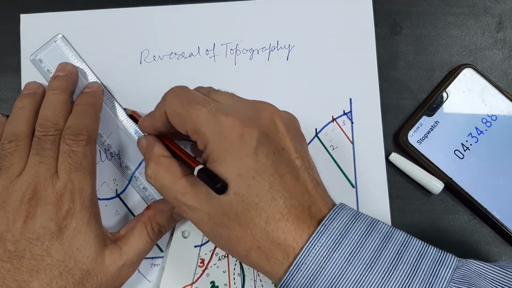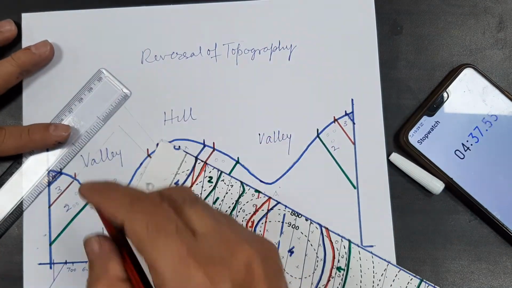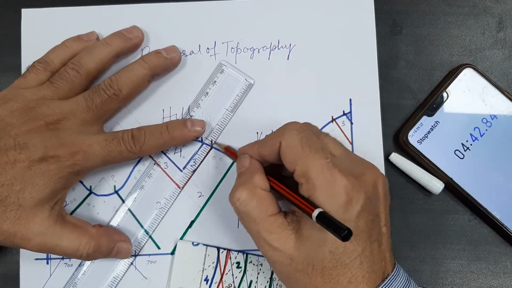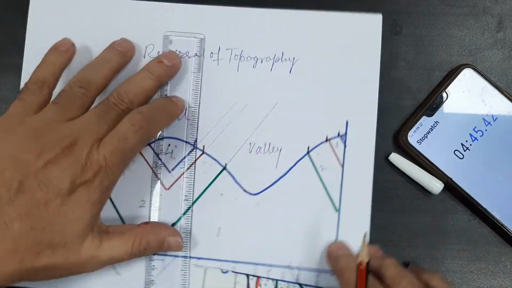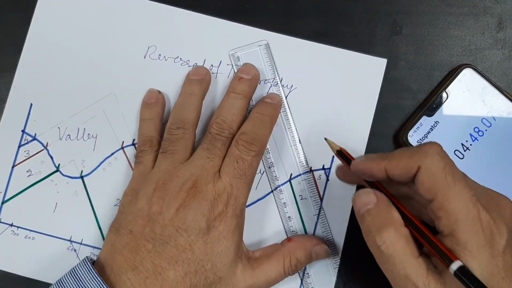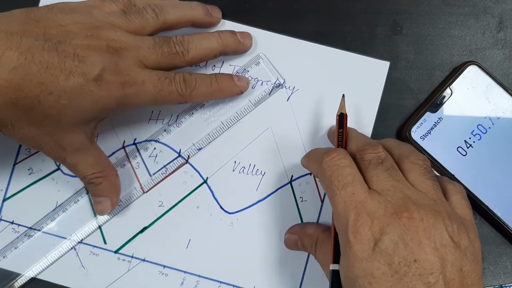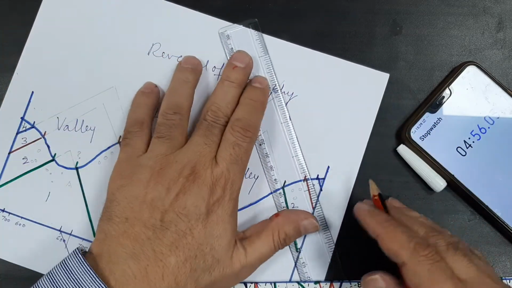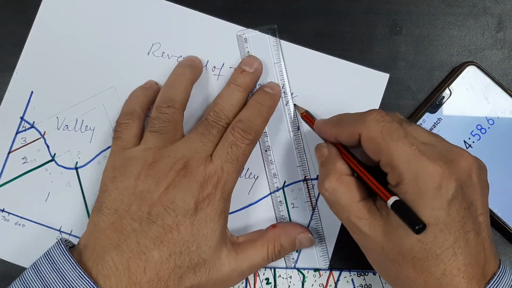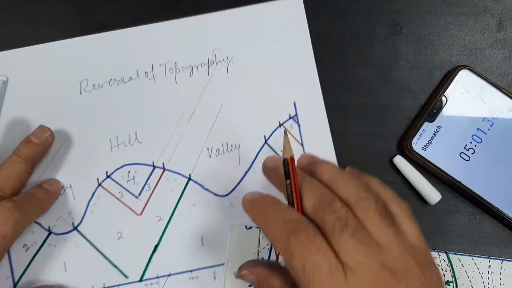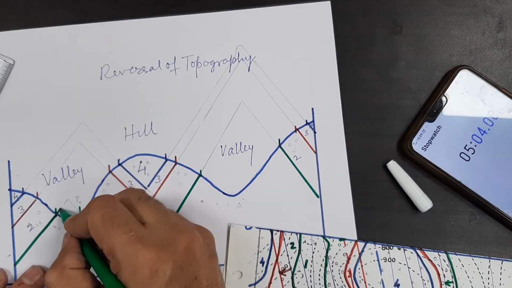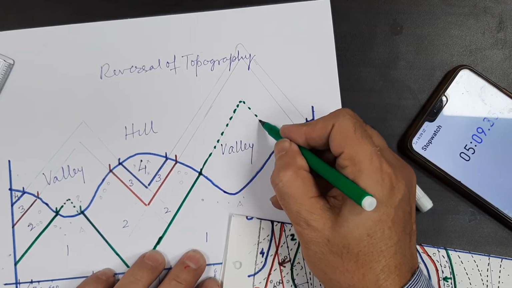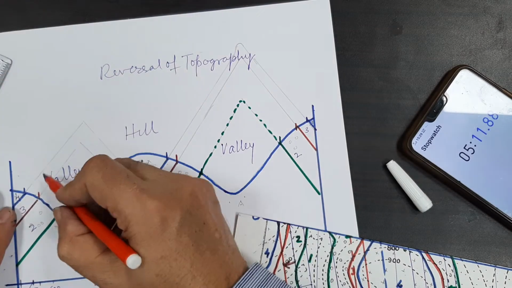I can show you the structure which must have been, but the topography has almost reversed itself because of more erosion along the anticline and less erosion along the syncline, because of the presence of compressive and tensile forces. So see here, this must have been the situation, but today it is almost reversed.